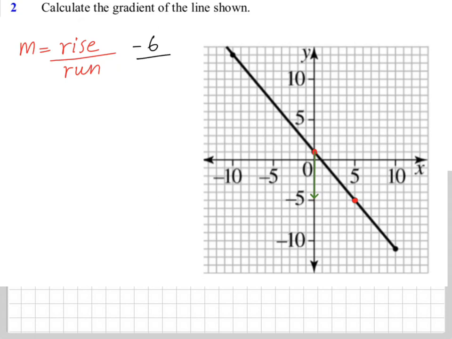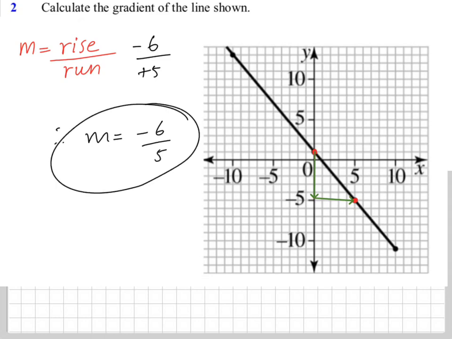And what will our run be? It's obviously going to be positive because it's going to the right. So it's 1, 2, 3, 4, 5. So our run was +5. So therefore our m is -6/5.